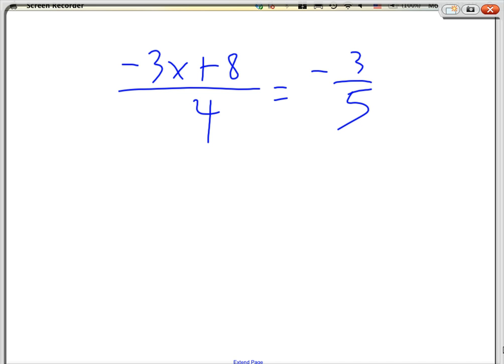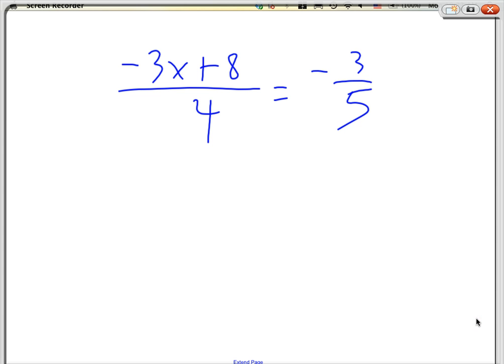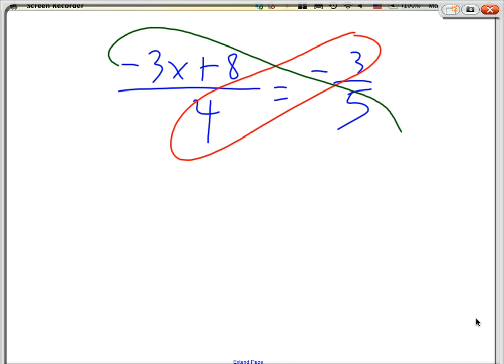Now here's the thing that you remember for the rest of your life. When you have a fraction on each side, the best way to solve for this is to cross multiply. Remember that one? Look. And to make it all beautiful for you, I'll then top it off with a butterfly.